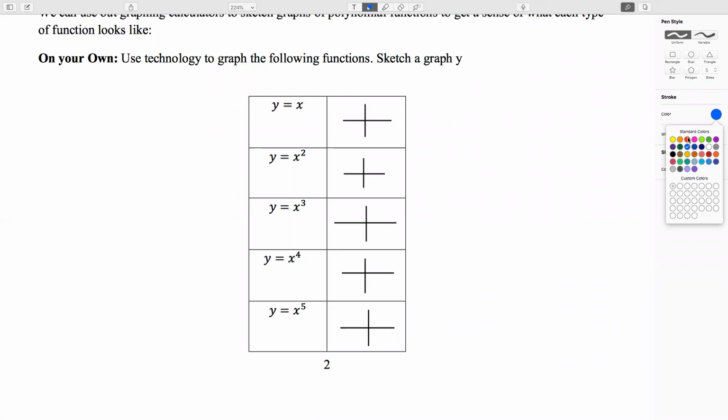All right, so y equals x. As we saw, y equals x is basically just a straight line, and it's either going to point up like this or it'll point down. That's a degree 1. X squared looks something like this. That's a degree 2.